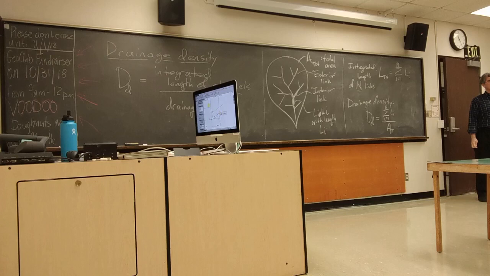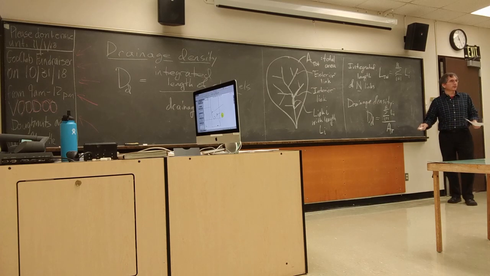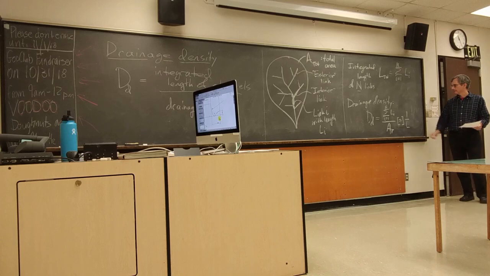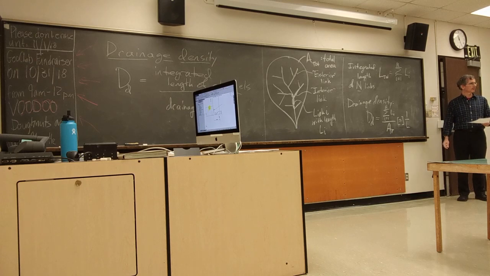Okay. Now we can immediately notice one thing about this. Its units are a bit odd, I suppose. It has units of inverse length. This L is not to be confused with the measurement L, it just means length, dimensions. So it has dimensions of inverse length.